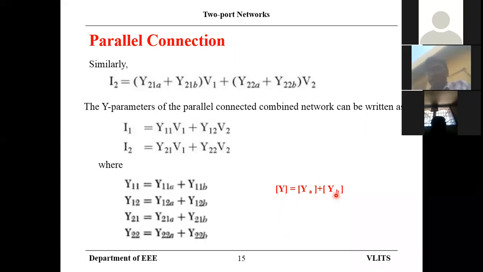This is not the normal addition, this is matrix addition, because Ya represents the admittance matrix of network A, and Yb represents the admittance matrix of network B. Y represents the admittance matrix for the equivalent network. So if you want to get the Y parameters of the equivalent network, you have to add the two networks' admittance parameters, then you will get the resultant network Y parameters. Like this, this is the parallel connection.